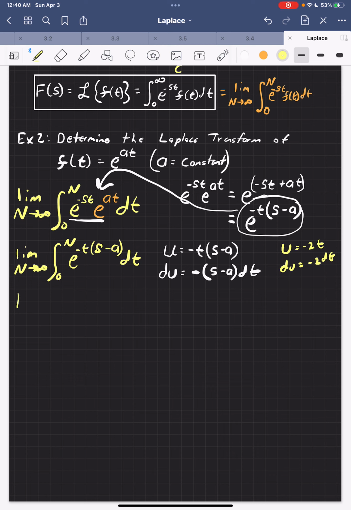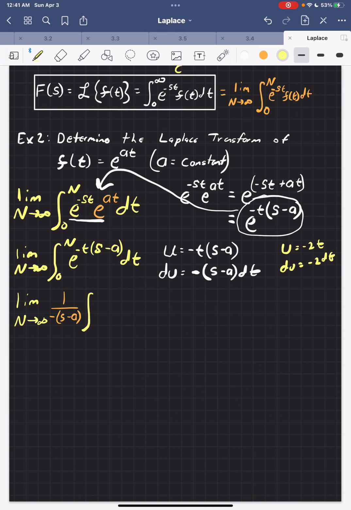So we got the limit with n moving to infinity. And here it is. So I need to multiply and divide by negative, so this is 1 over negative s minus a. Now, of course, I could distribute that negative symbol, but right now I'm being lazy.